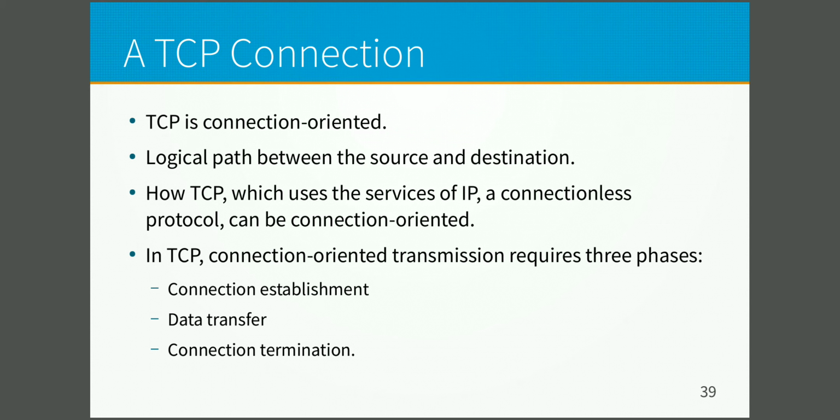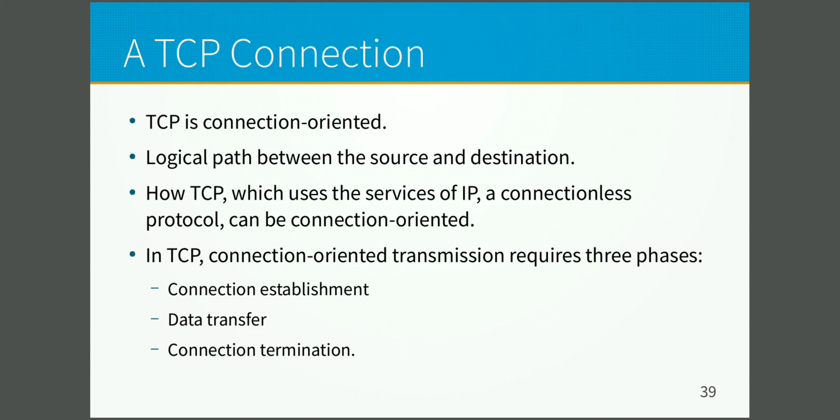So now comes an interesting question. All of you know that TCP, which operates at the transport layer, obtains the services of its bottom layer, the network layer, and the protocol implemented at the network layer is the IP protocol.